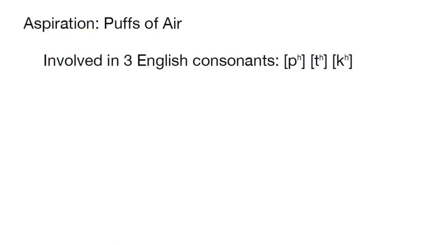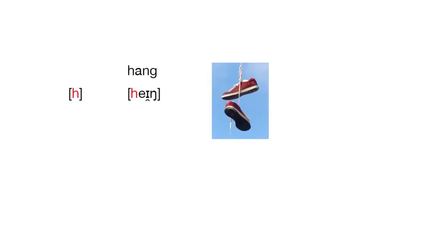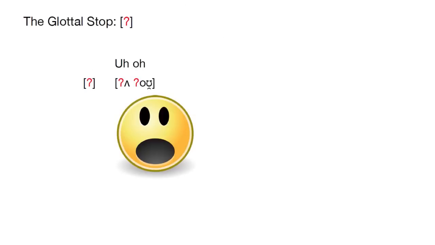Then we got into a big discussion about aspiration, and we covered 3 consonants in English that tend to be more aspirated than most languages. P as in paper, t as in table, and k as in cape. Then we covered a couple of consonants that occur way down in the vocal cords, the simple exhalation, as in hang, and the glottal stop, as in uh-oh.